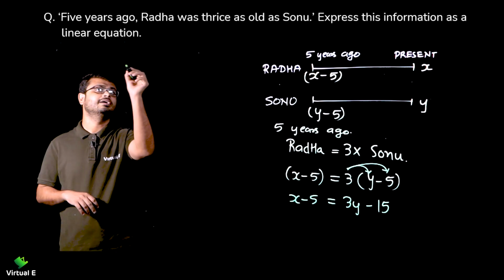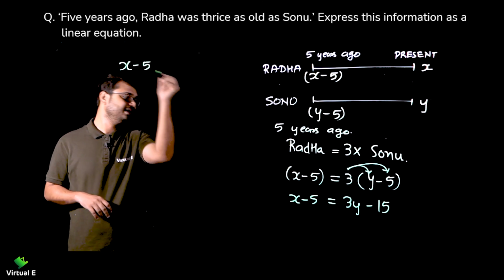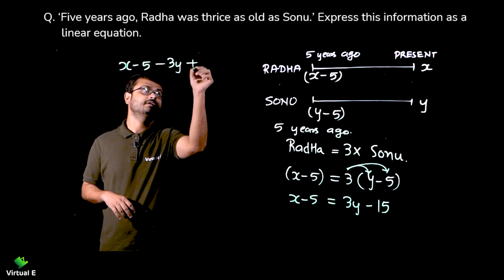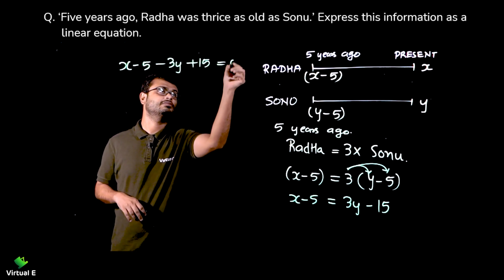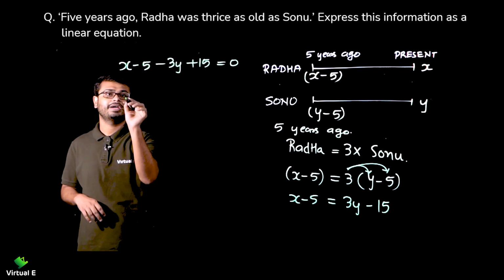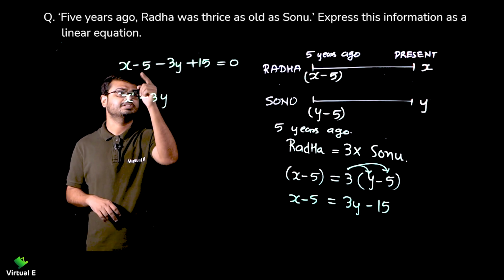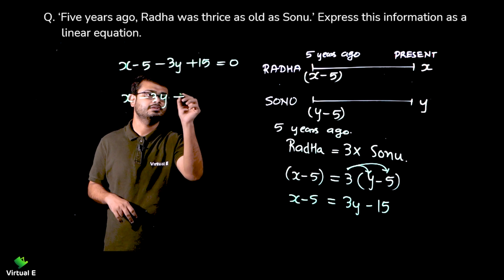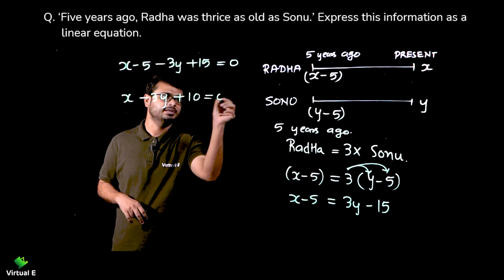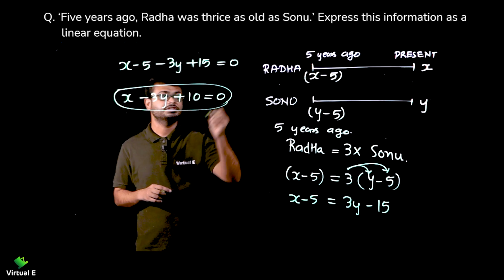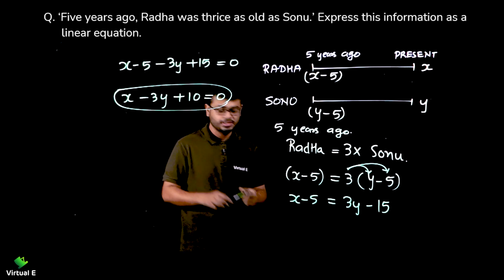So X minus 5, here minus 3Y and plus 15 is equal to 0. So X as it is, then minus 3Y, minus 5 plus 15 will give you plus 10 is equal to 0. So this is the relation between their ages.